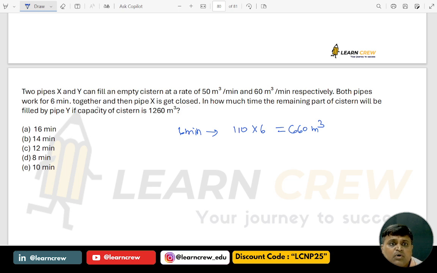Then the pipe X is closed. In how much time will the remaining part of the cistern be filled by Y if the capacity of the cistern is 1260? So 1260 minus 660, so more has to be filled by Y only.